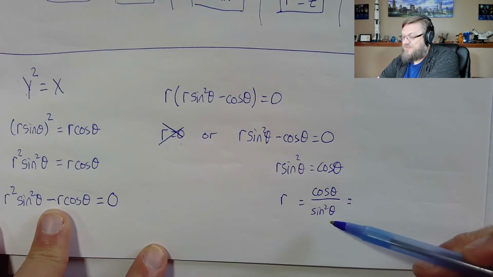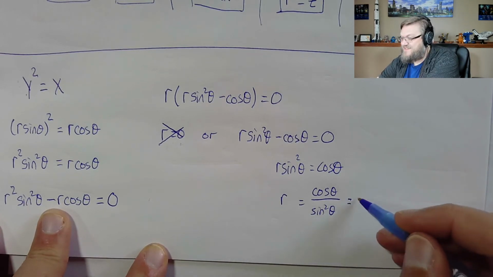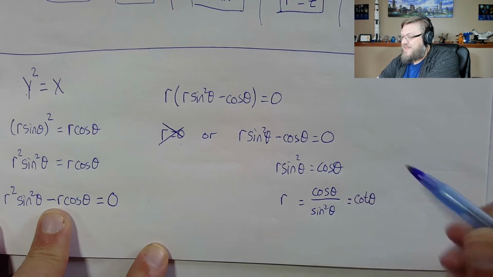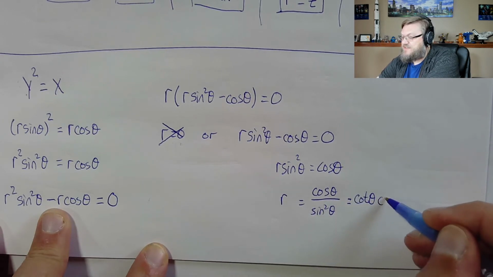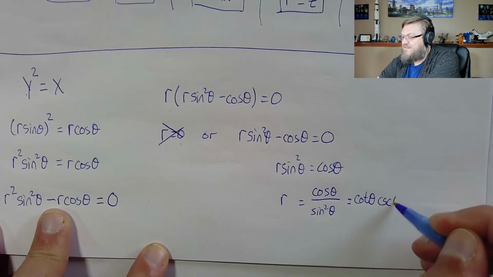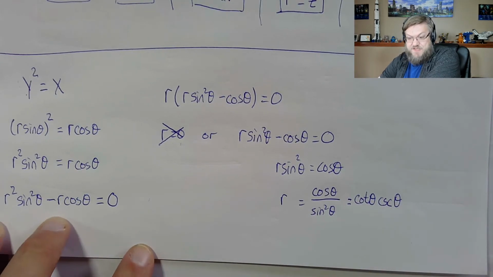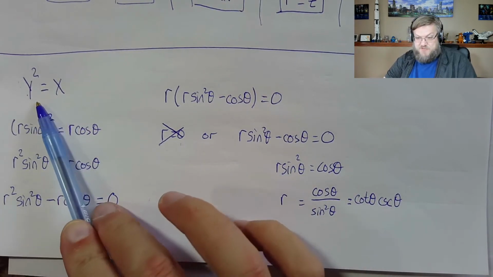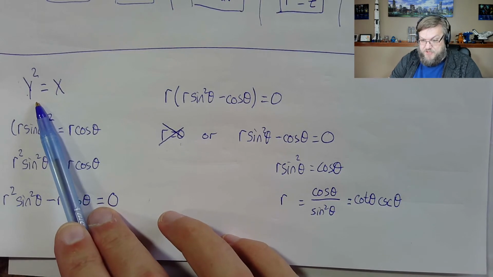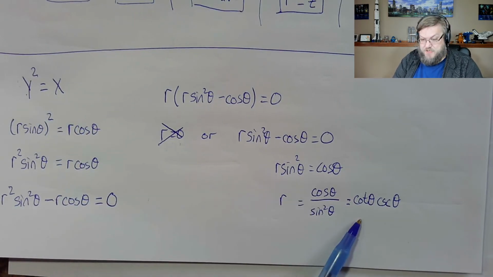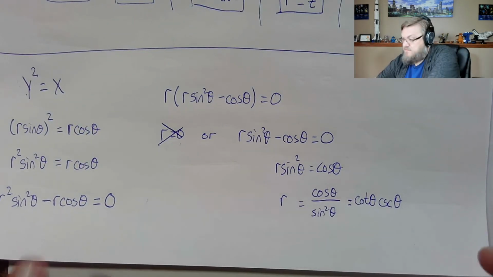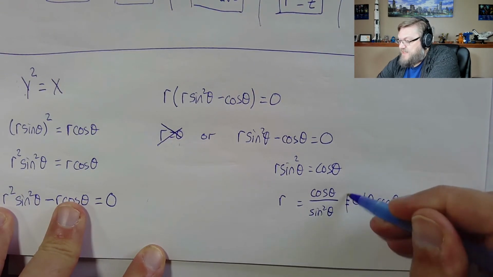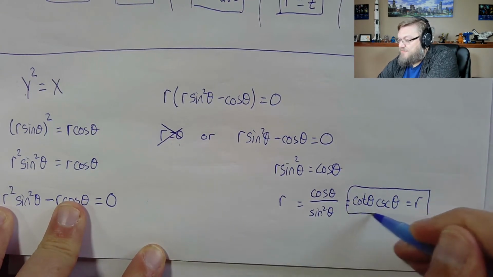This is cosine over sine, which is cotangent, and then 1 over sine is cosecant. Okay, so maybe I prefer y squared equals x, that version versus this version. But hey, I can at least think of it in the cylindrical world.